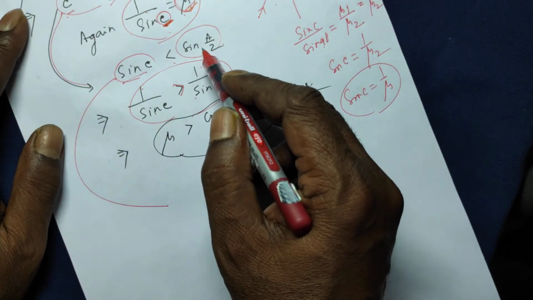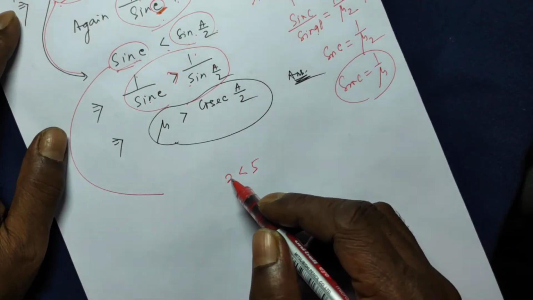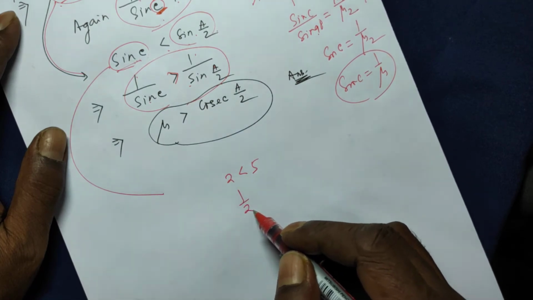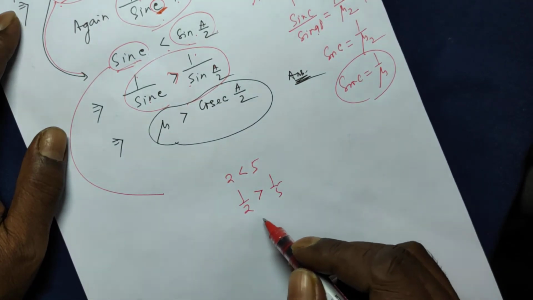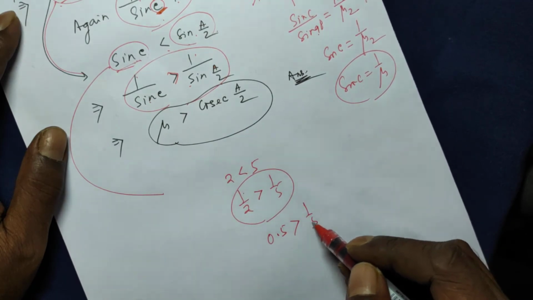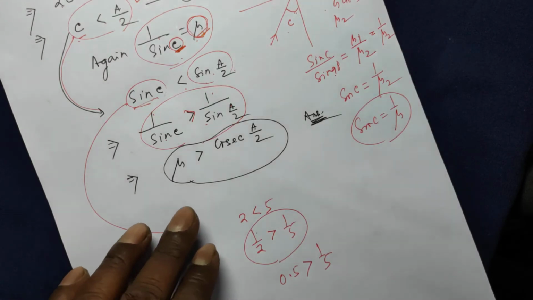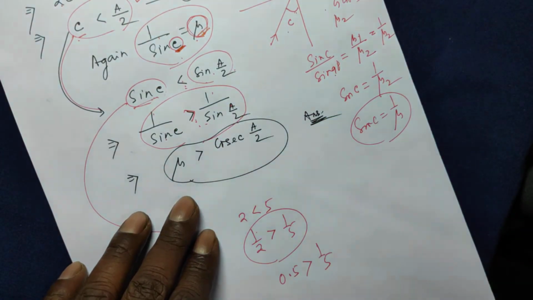Some number is less than some number, let's say 2 is less than 5. Then if you take the reciprocal, 1 by 2 will be greater than 1 by 5. 1 by 2 is 0.5 and that is greater than 1 by 5. So when you take the reciprocal, the inequality sign changes.